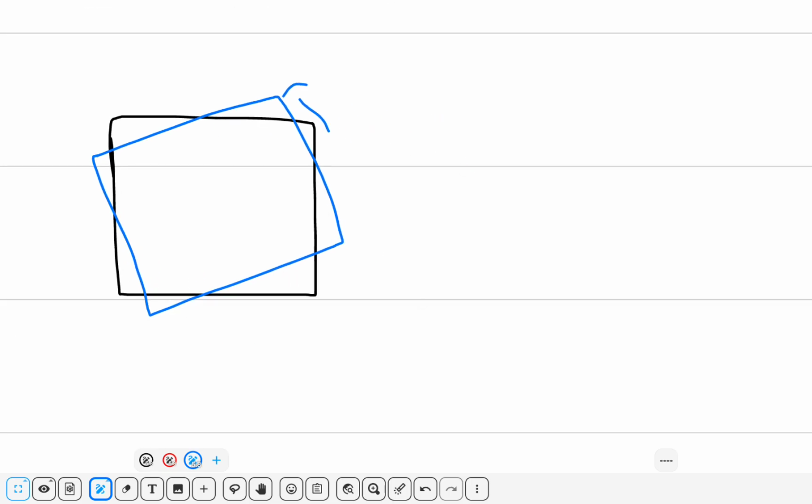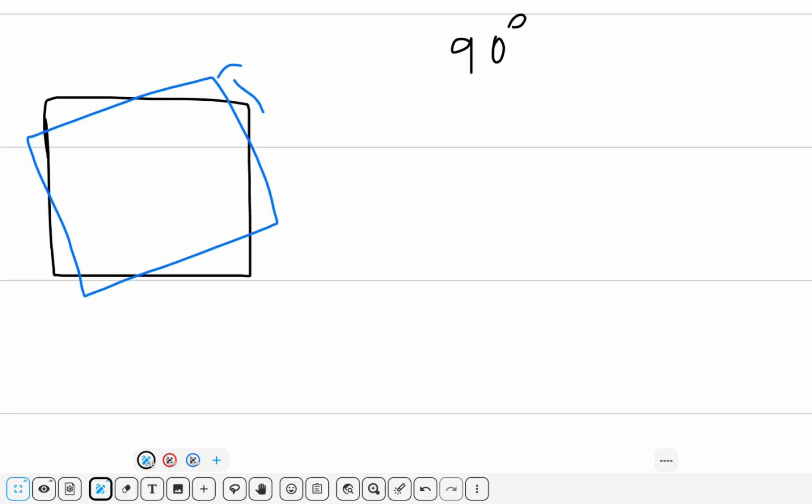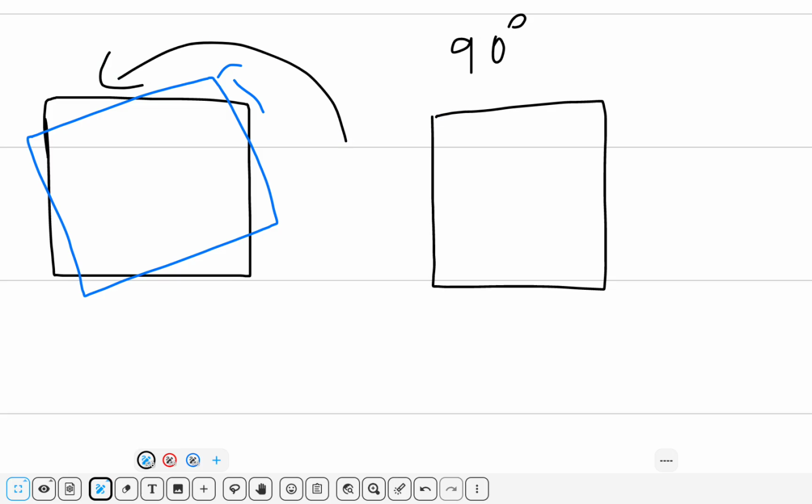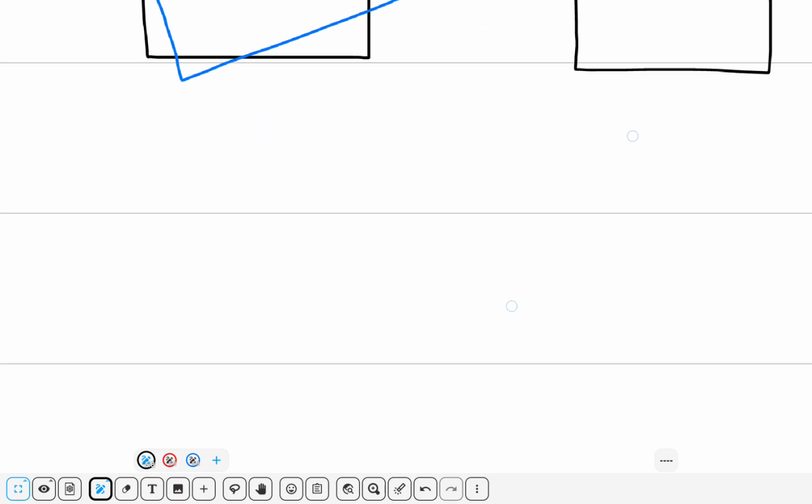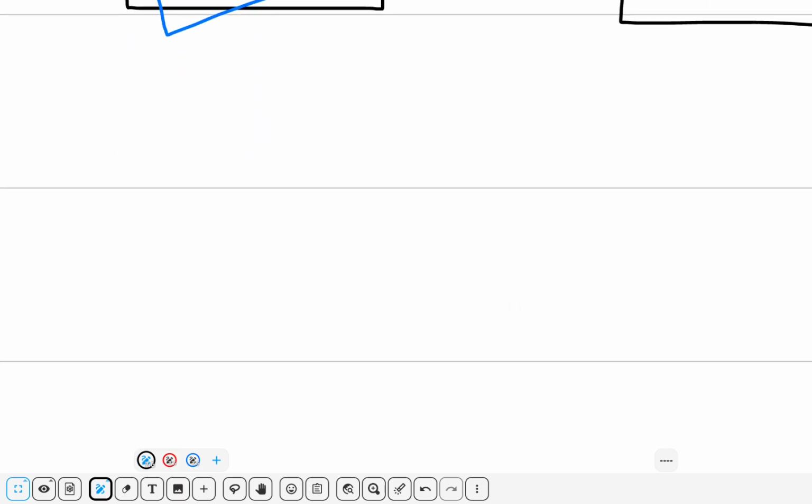But if I tilt it at a specific angle, and I think that angle is 90 degrees, if I tilt it perfectly 90 degrees, you will get a square back, and you will never be able to tell if I tilted it or not. Another example is a heart.